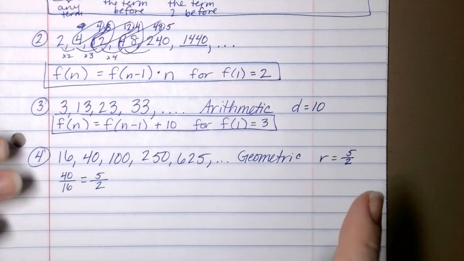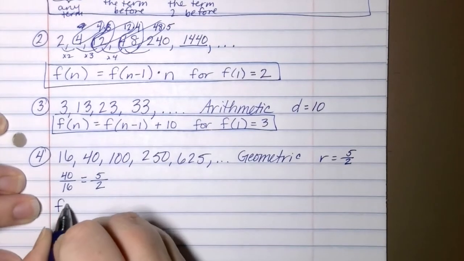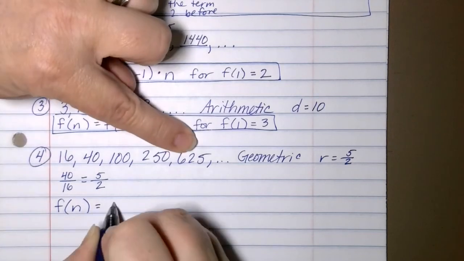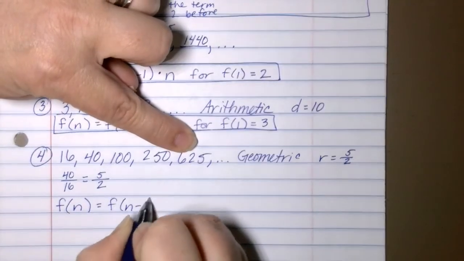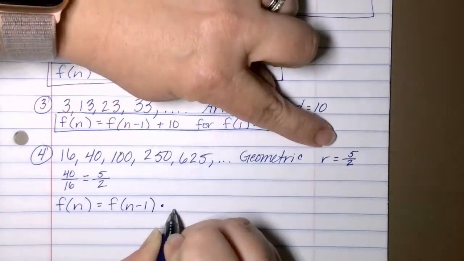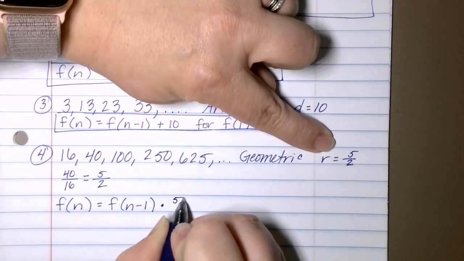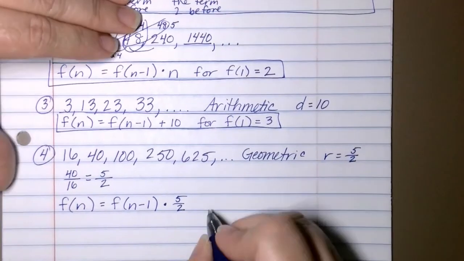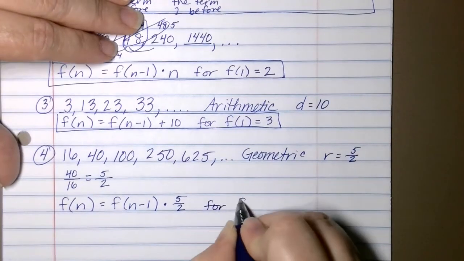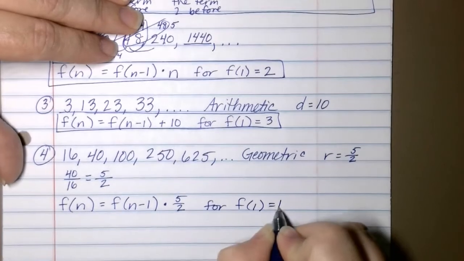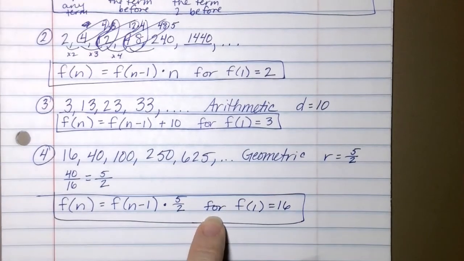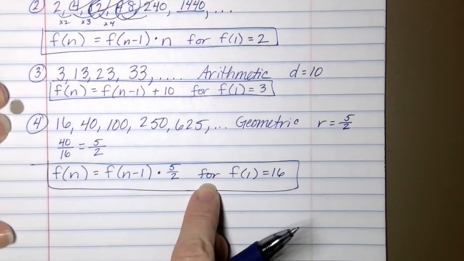So, in other words, I could say that to find a term, you take the term before it and multiply it by 5 halves, for f of 1 equals 16. By the way, sometimes it might not say the word for, it might just say comma, f of 1 equals 16, that's fine.